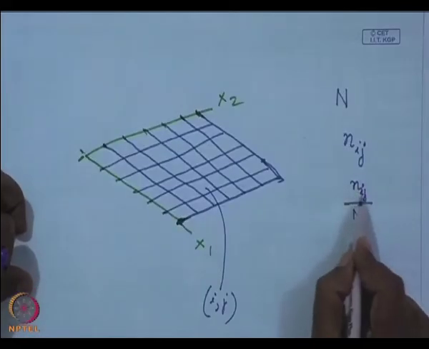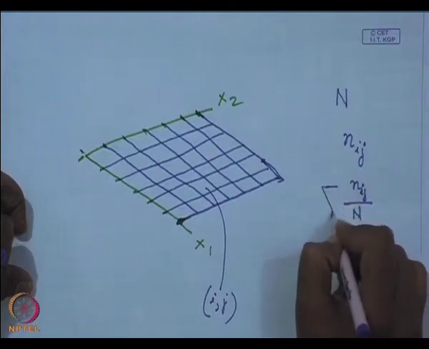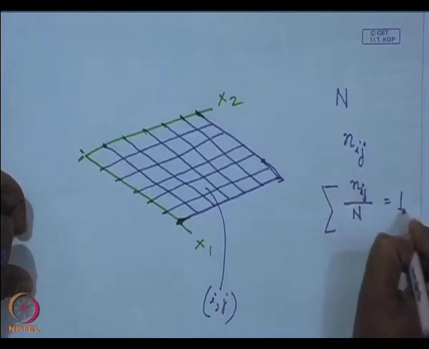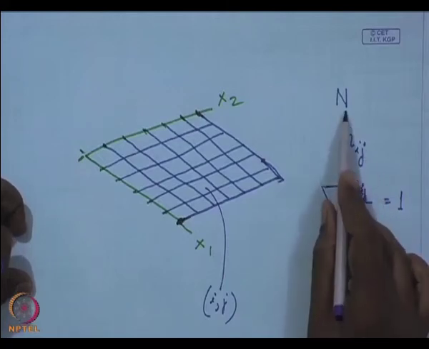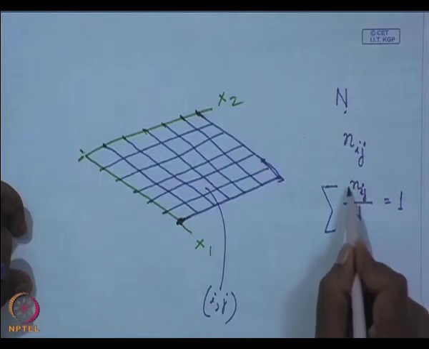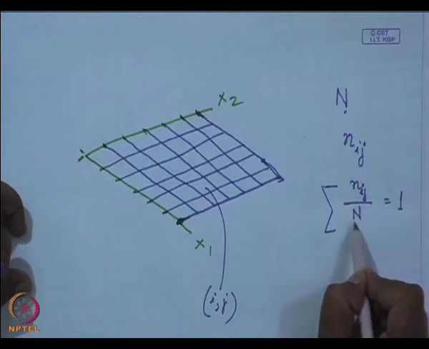In other words, the sum of this has to be equal to 1, which is obviously true, because n_ij is the number of samples out of this N which falls in the ijth bin, and N is the total number of samples.